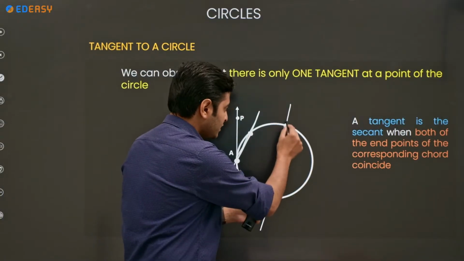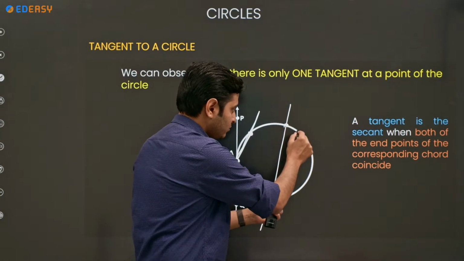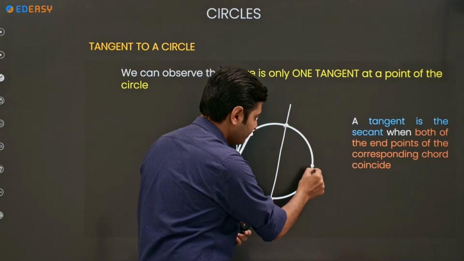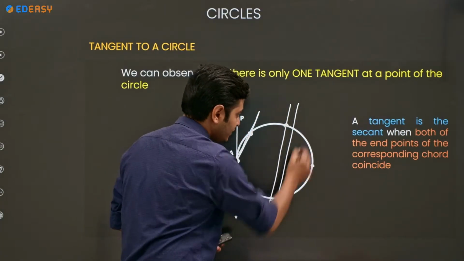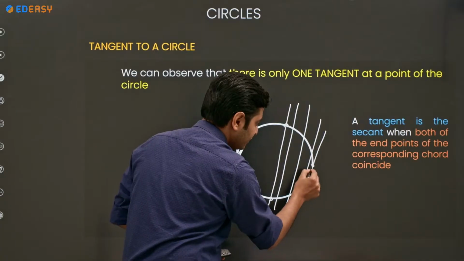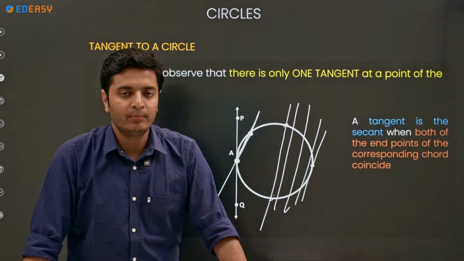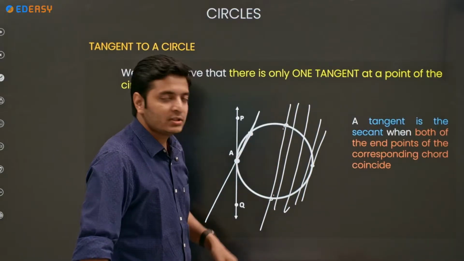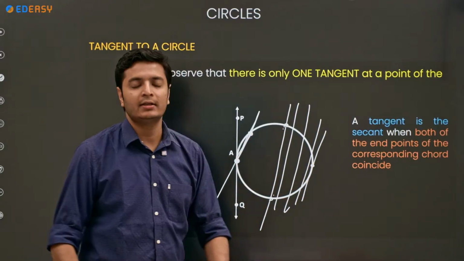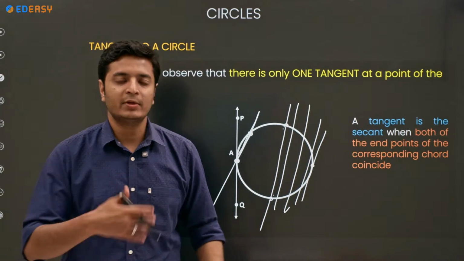If they are going to coincide, they will be somewhere here, correct? If you try to create the same line, it will be somewhere here. Now you can call it a special case of secant when both the points of the same chord are coinciding at the same point. It's a special case.